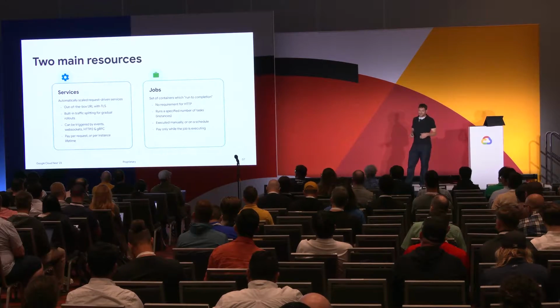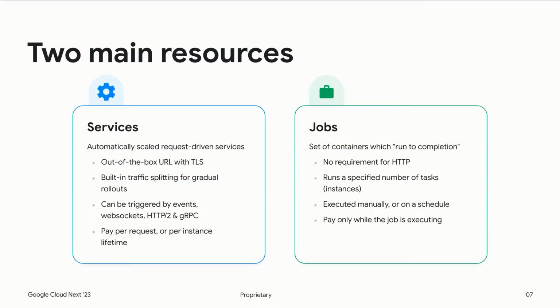The Cloud Run service, as I mentioned, auto-scales up and down and is truly serverless. It scales down to zero when you're not getting any requests. You're only paying for the CPU and memory that you're consuming while your code is running and while it's servicing requests. On the other side of the spectrum, we have Cloud Run jobs. Cloud Run jobs are containers that run to completion. There's no HTTP server in these containers.